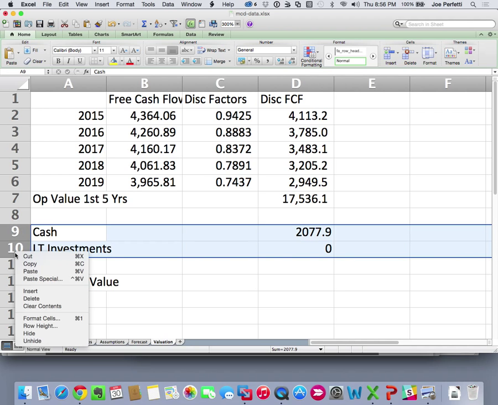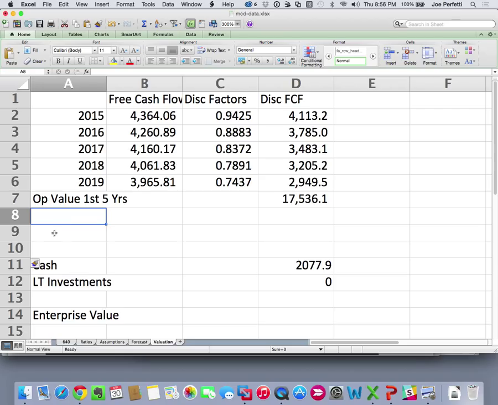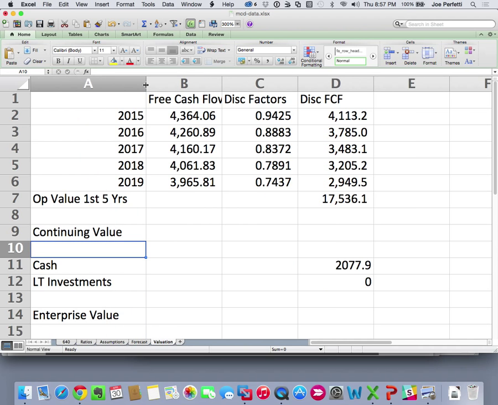Now, as he pointed out, thank you for doing this, I also need something called a continuing value for McDonald's, because we assume McDonald's is going to last beyond 2019. Not going to go away. So here's what I need.